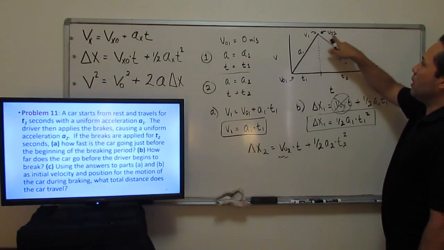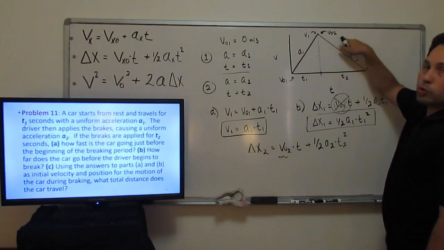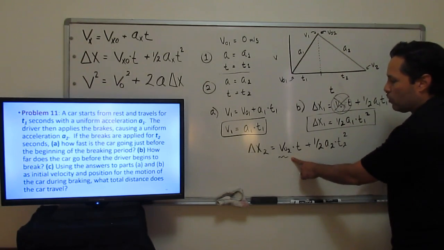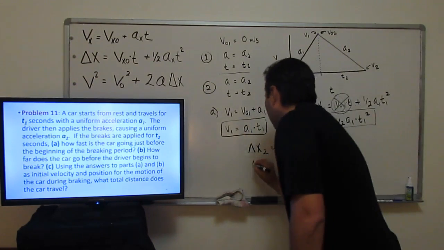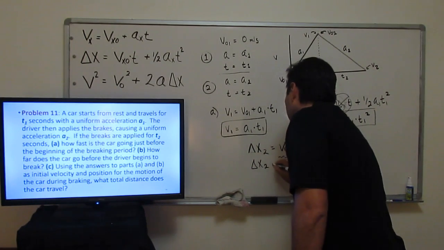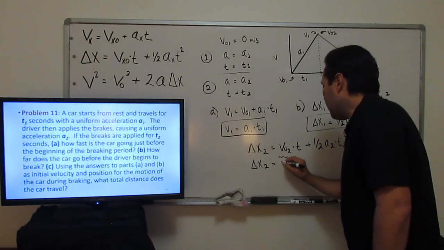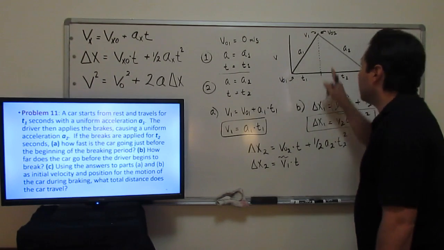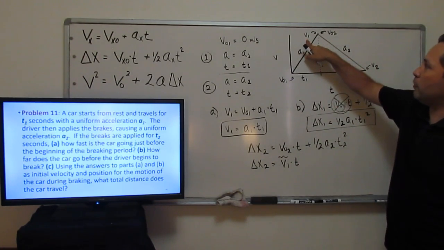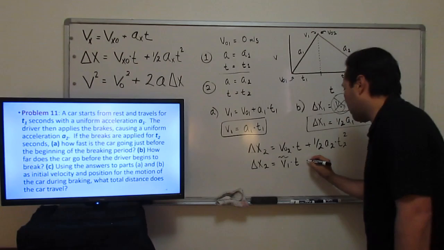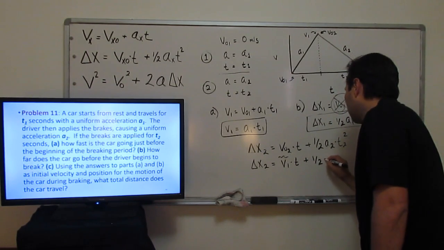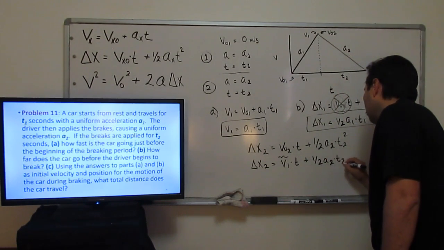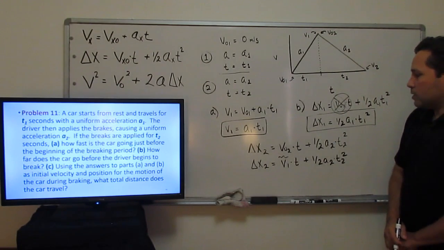So V1 equals VO2. This is the same. So we're going to replace it with that. So V1 goes right here, since the ending spot of the first part is the beginning spot of the second part. So I'm going to substitute it. Great. So that's how we'll get it.